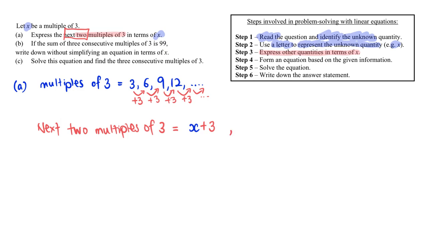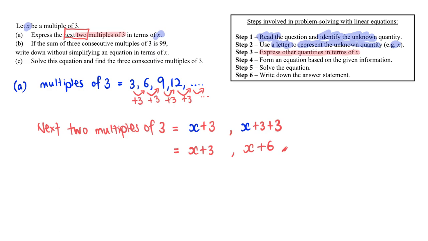And if I have x, the second multiple after x will be plus 3 and plus 3. And therefore, the final answer would then have x plus 3, x plus 6. That will be the answer for part A.